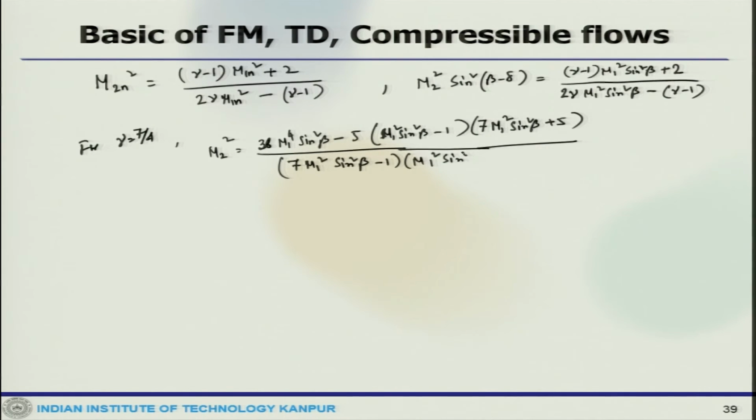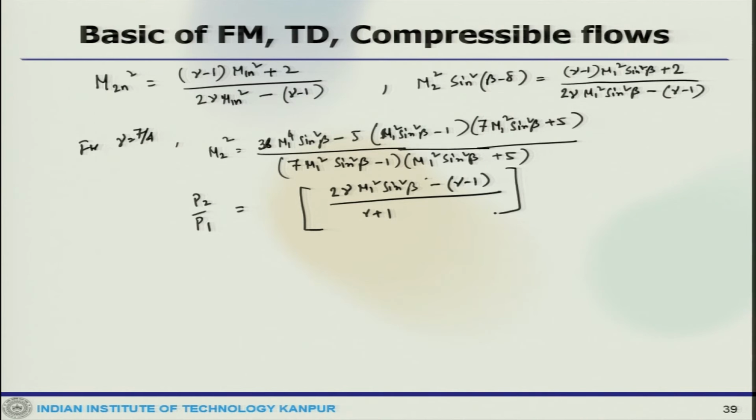And we get P2 by P1, which is (2 gamma M1 square sin square beta minus (gamma minus 1)) divided by (gamma plus 1).